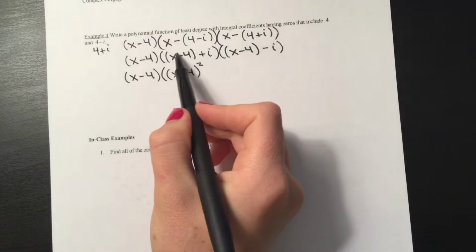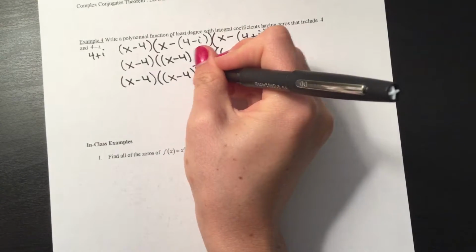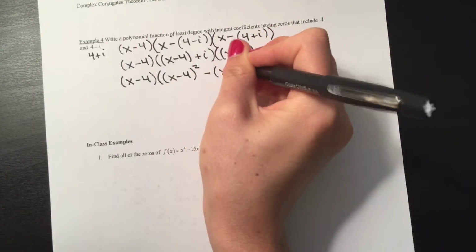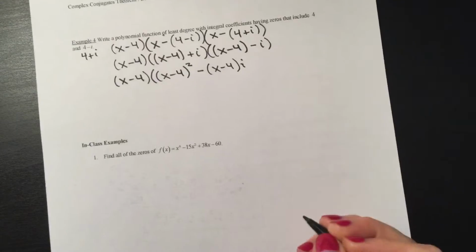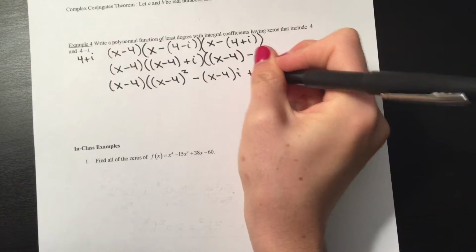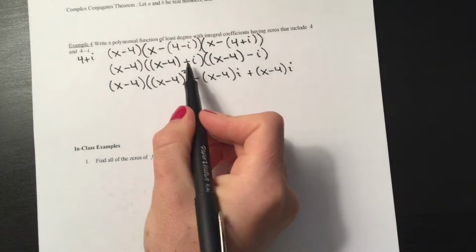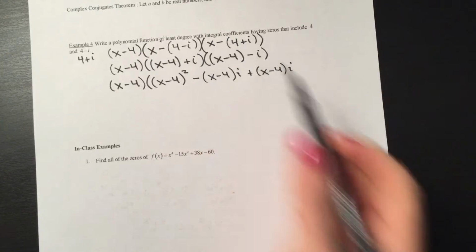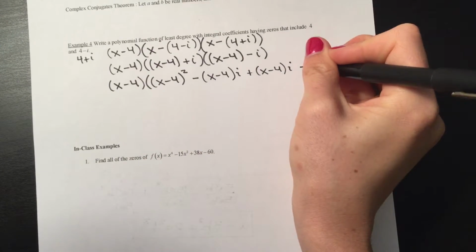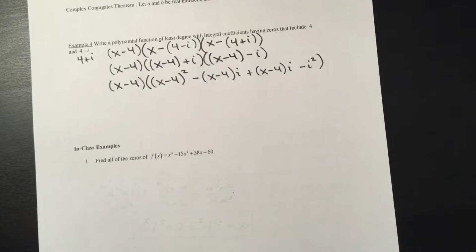Then I have the quantity x minus 4 times negative i, so that would be negative (x minus 4) times i, and then positive i times (x minus 4), so that would be plus (x minus 4) times i. And last, positive i times negative i would be negative i squared.